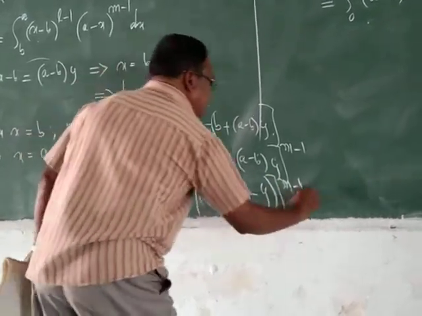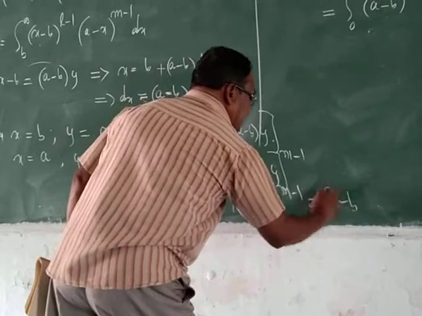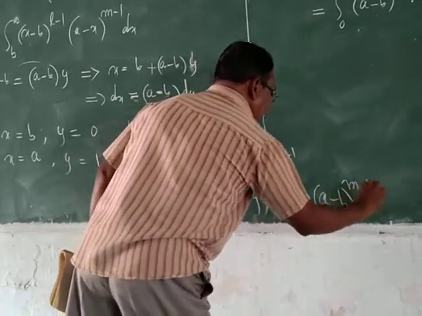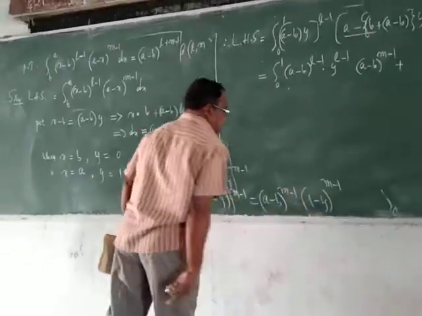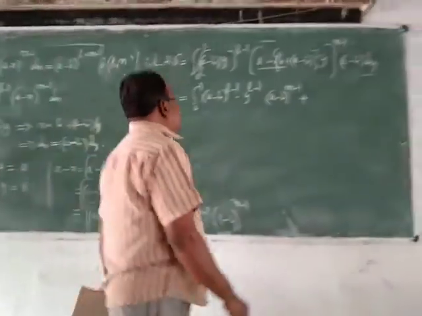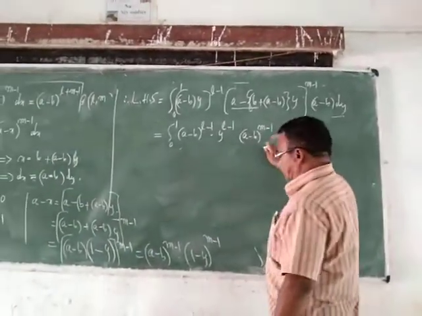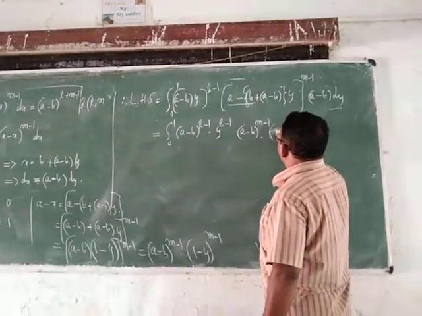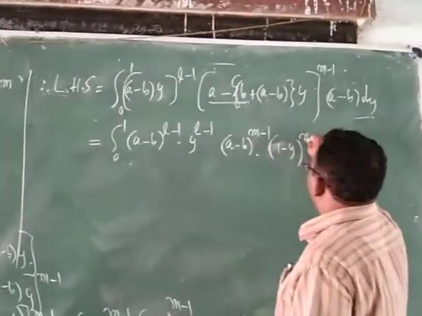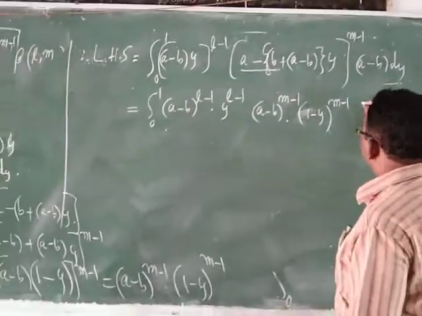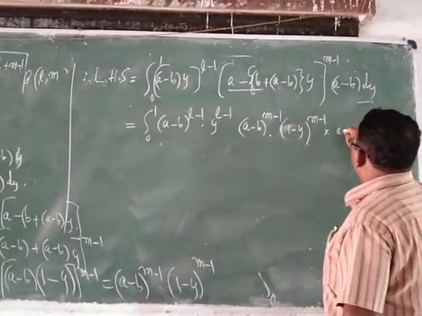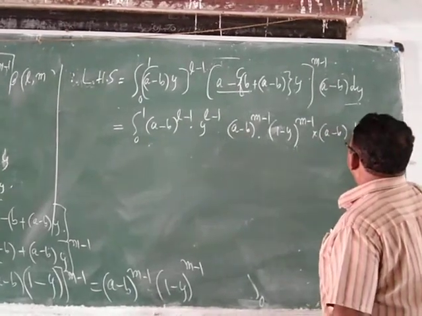So this is equal to (a minus b) whole to the power m minus 1 into (1 minus y) whole to the power m minus 1, into (a minus b) into y into dy.